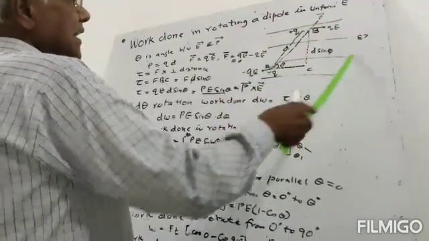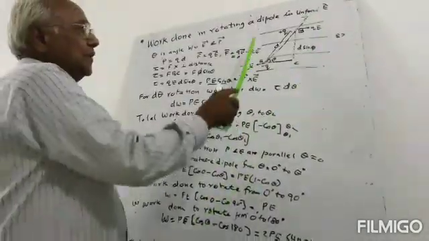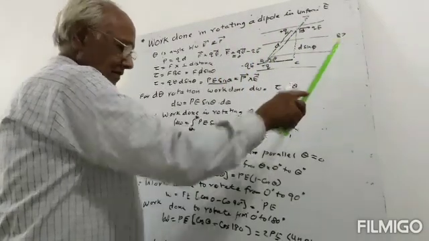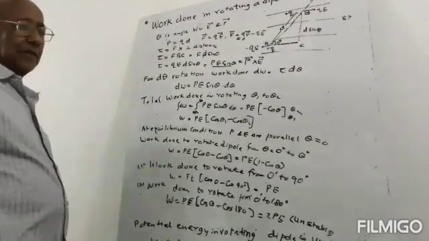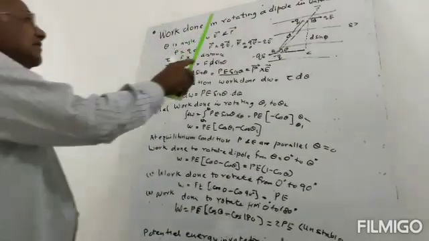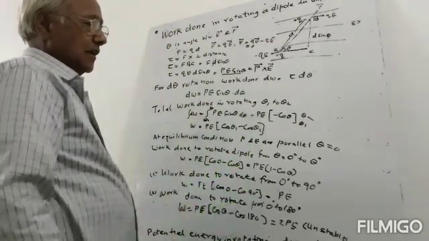In that case, that will be an unstable condition. The stable condition will be there when P and E are in the same direction. So, in this way, we can find the work done for a dipole to rotate in the uniform electric field.